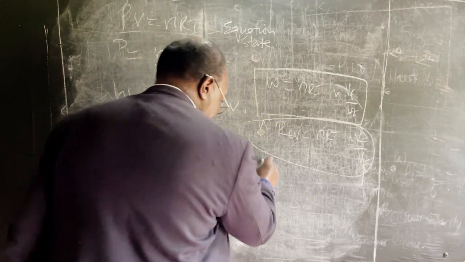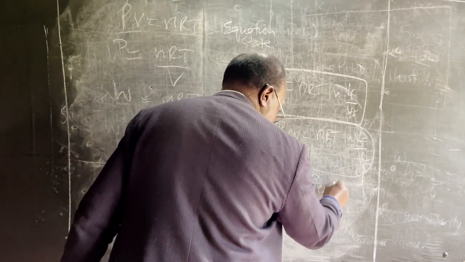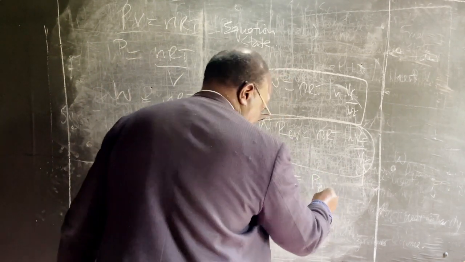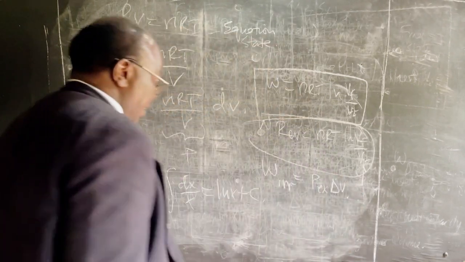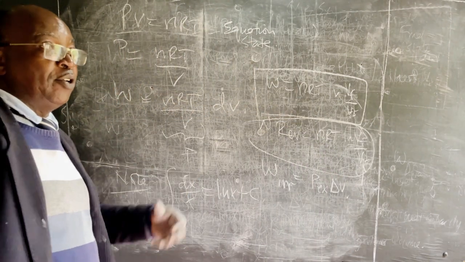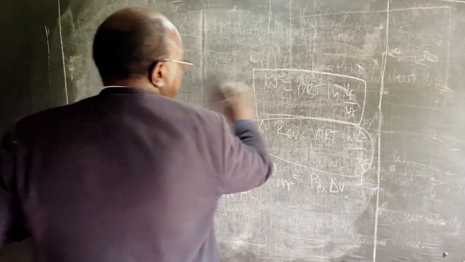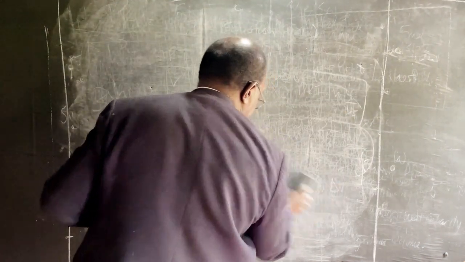The expression for calculating W irreversible work is pressure external times delta V. Now, this work which has been done based on pressure volume expansions can be represented in an indicator diagram.